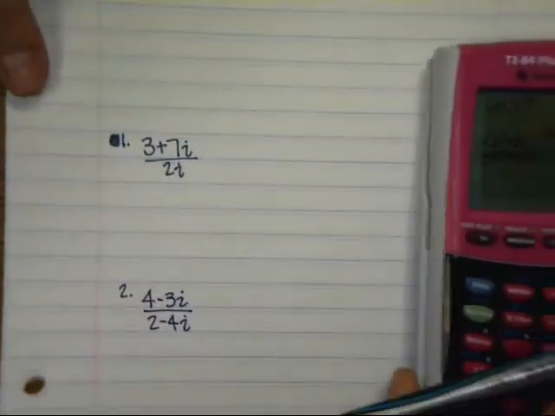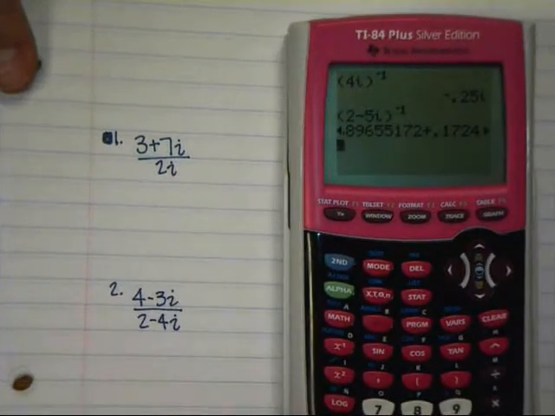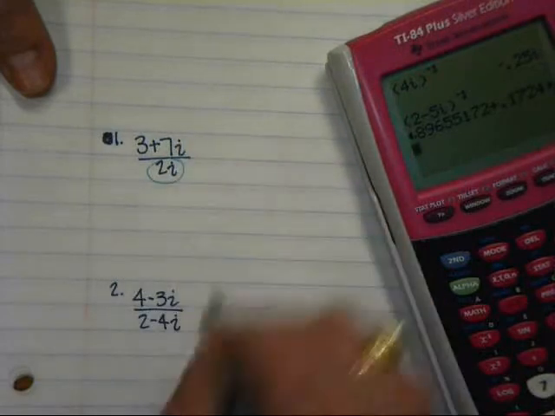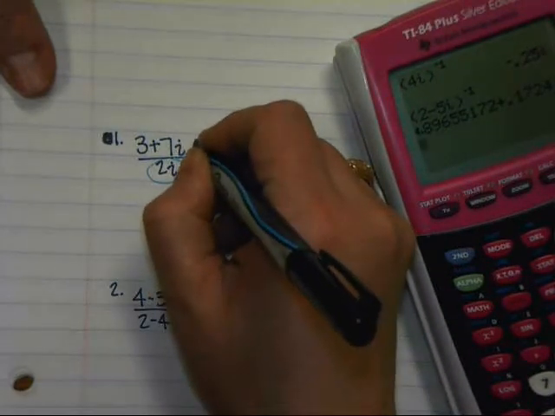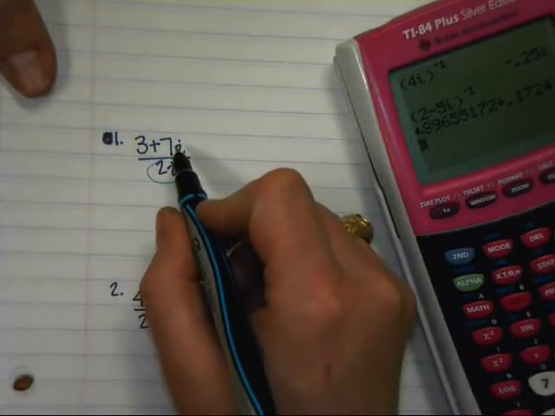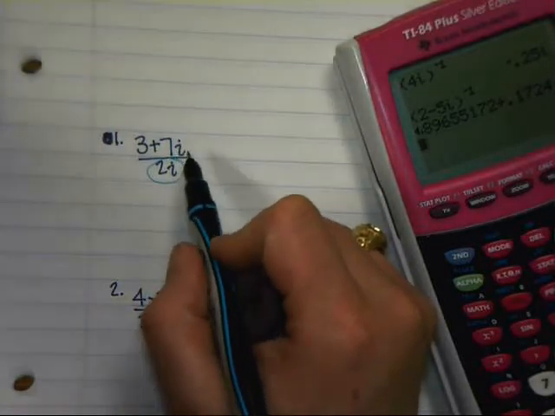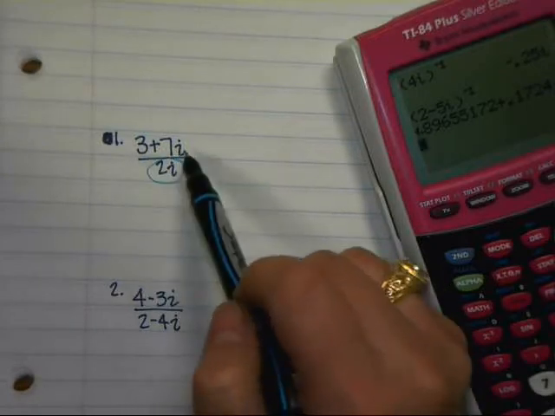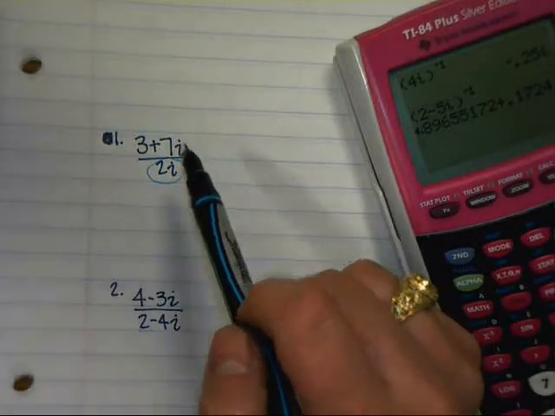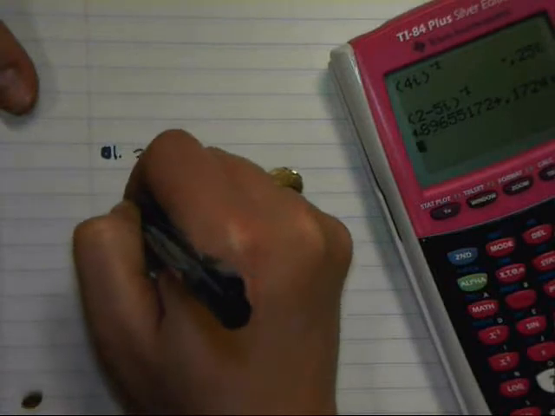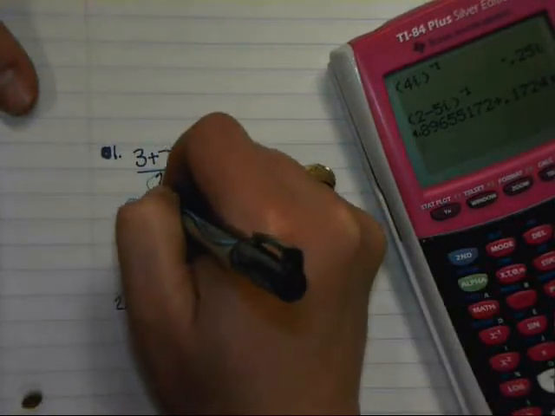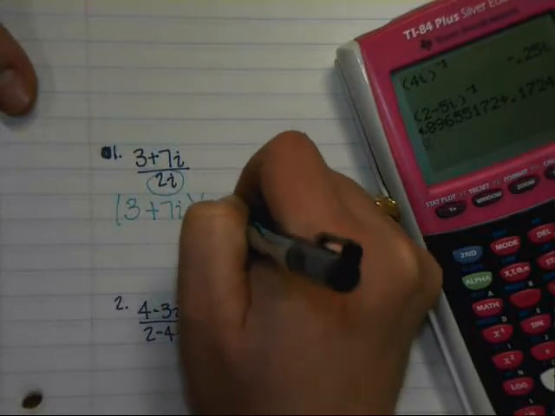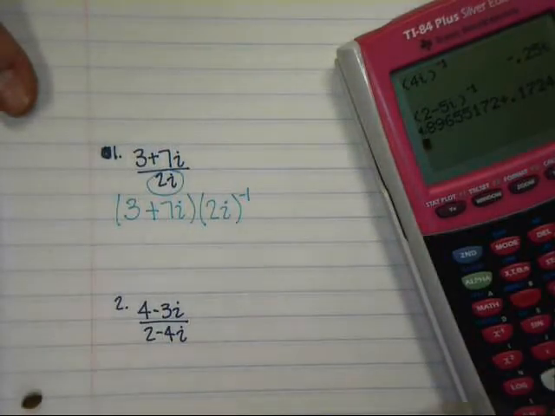Now if we look to number 1, it was 3 plus 7i divided by 2i. What we have to do is take the reciprocal of the 2i and multiply it times your numerator. So if you have a division, you multiply the numerator times the reciprocal of the denominator. So we're going to do 3 plus 7i times 2i, the reciprocal of 2i.